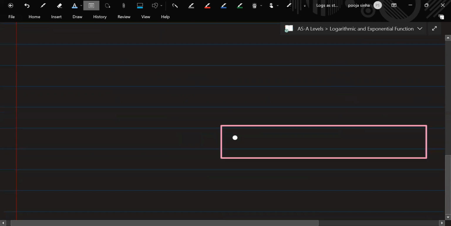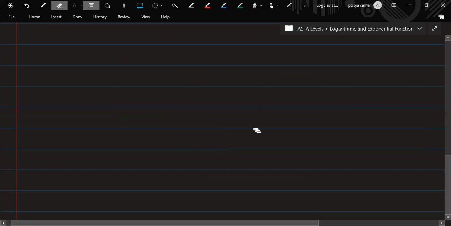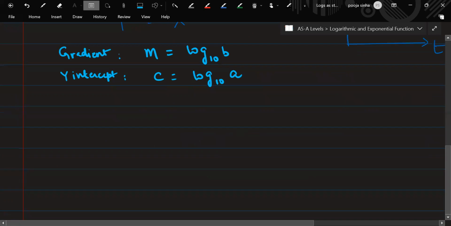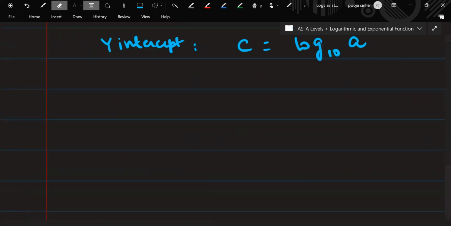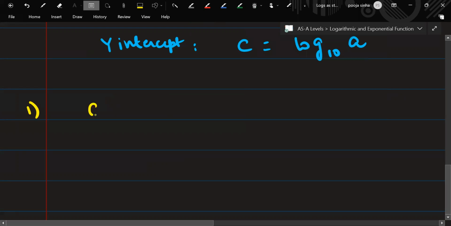See, now the same thing that we have done, I want you to try using ln now. I'll take a question, and after that, because most of these will be exponential functions, we would prefer taking ln on both sides. Your first question is, you have to convert y equals a e raised to power bx.